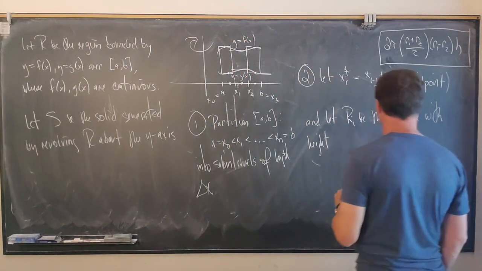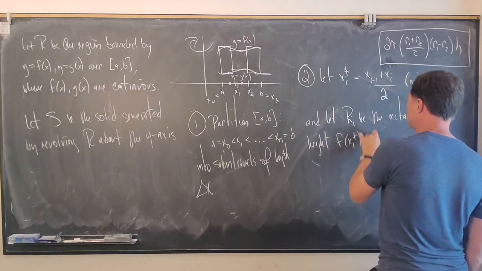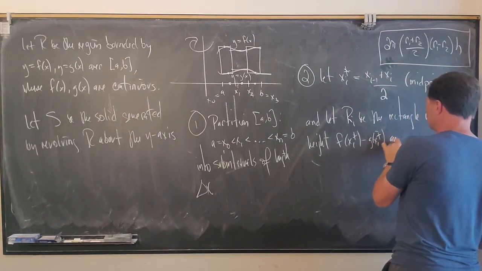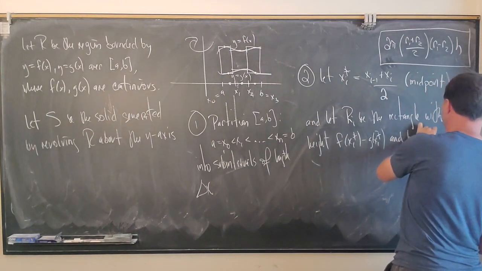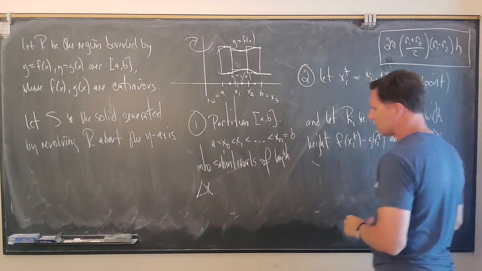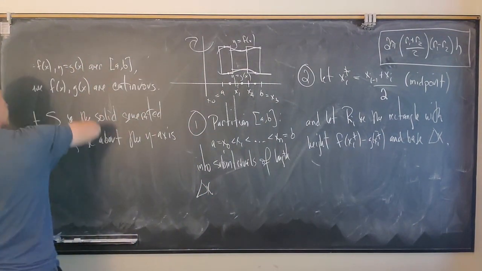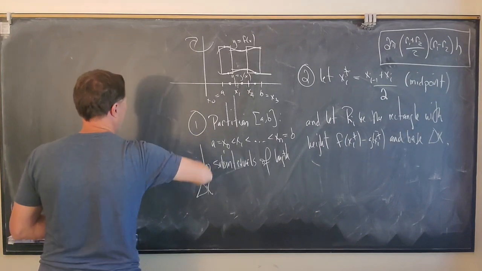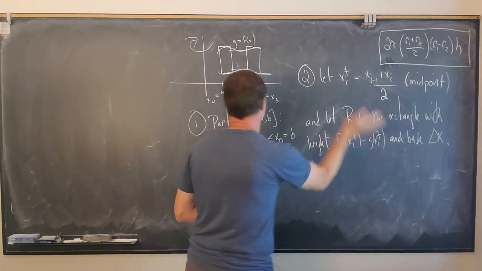So it's going to have height f of xi star minus g of xi star, and the base, well, the base is going to be delta x. Okay, so there's the second step. We choose points in each interval. In this case, we chose the midpoint. Use that to determine rectangles.